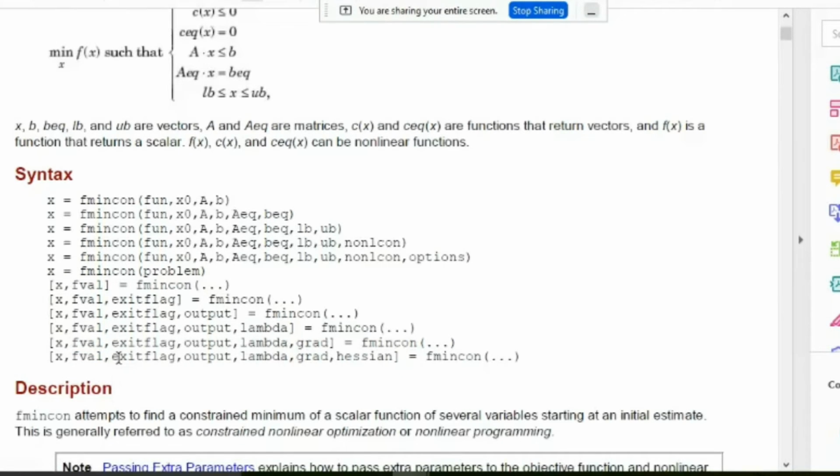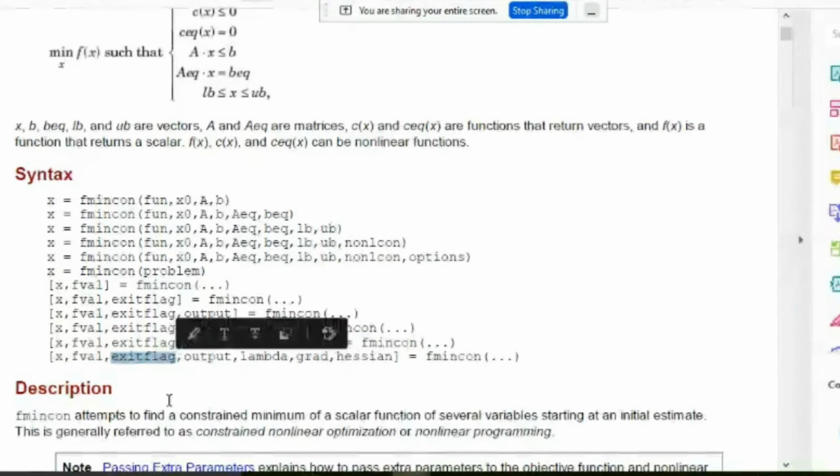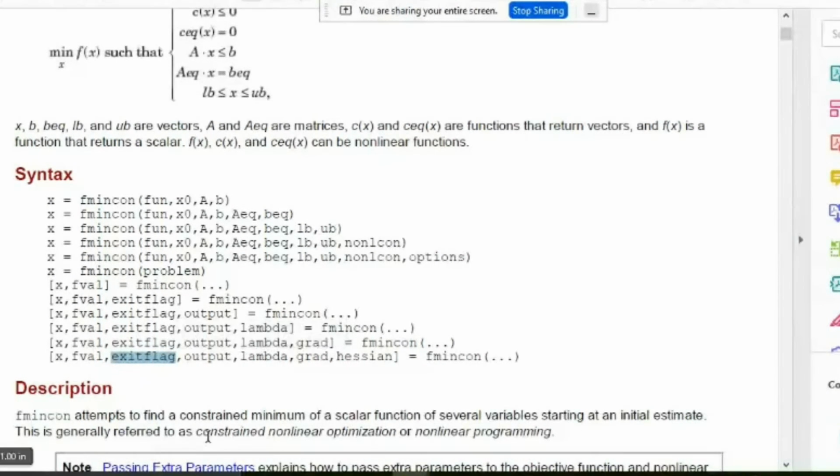And then exitflag: what is the termination condition, on what basis, under what circumstances the algorithm has been terminated.